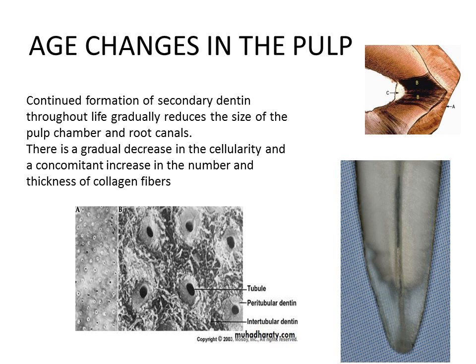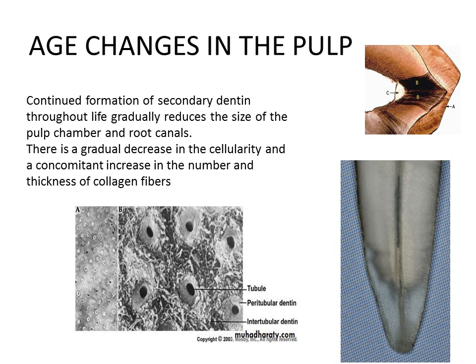For old patients, remember, the pulp chamber is always smaller than its normal size. Even the root canals. There will be a gradual decrease in the cellularity and a concomitant increase in the number and the thickness of the collagen fiber.